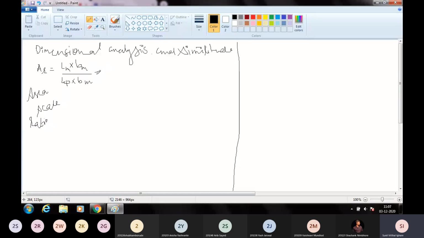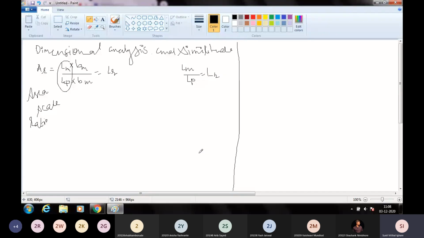We write LM by LP, and I just call this LR, the scale ratio. Now how to write the scale ratio? As I told you, if I write the length of the model to the length of the prototype, then I call it the scale ratio LR.